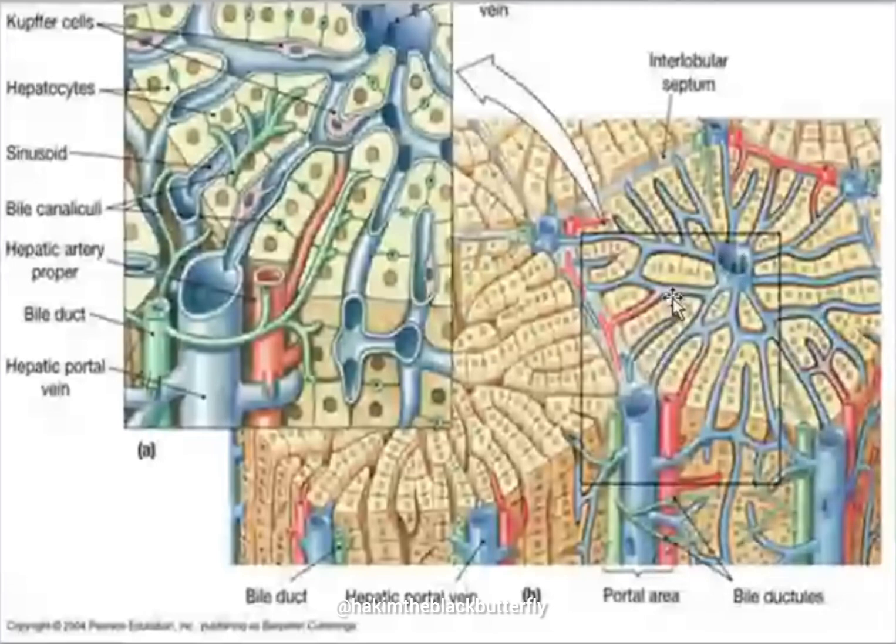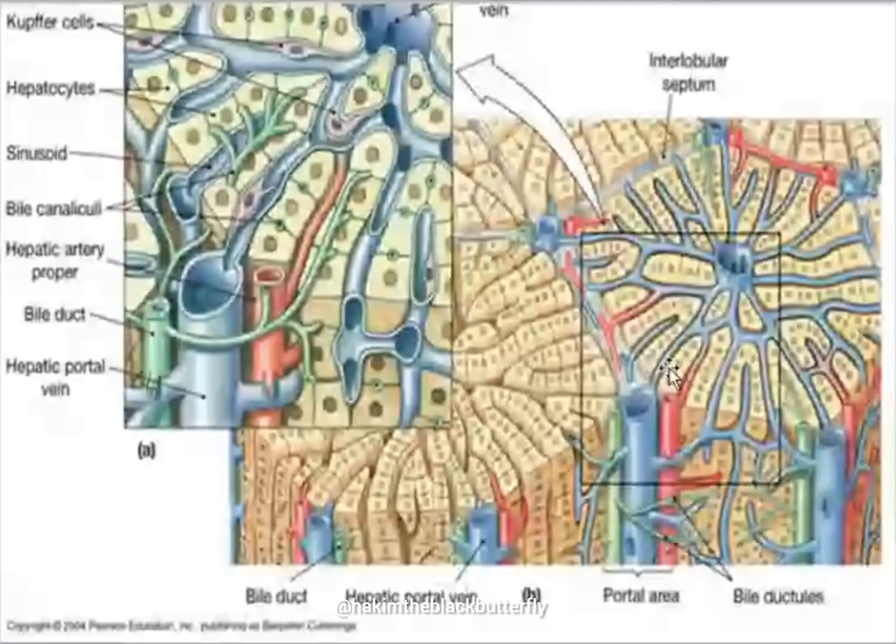So blood comes from the branch of the portal vein, passes through the liver lobule, through these small blood vessels, and these small blood vessels are going to pour that blood into the central vein. What are the names of these small blood vessels?